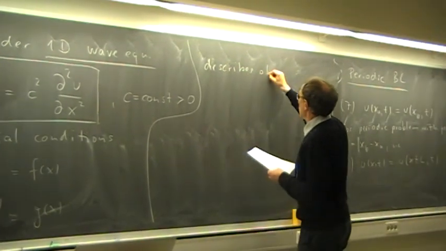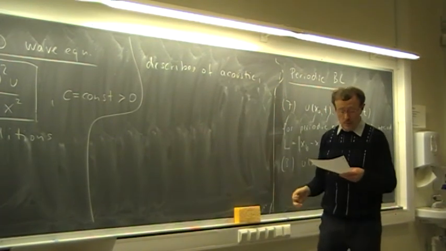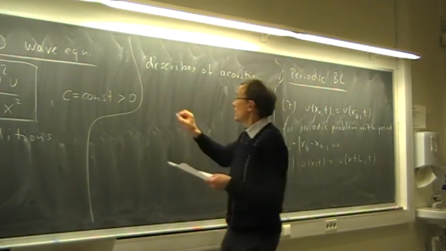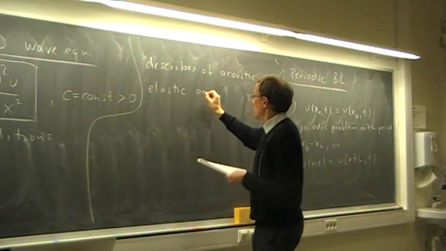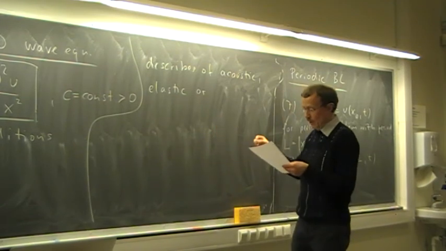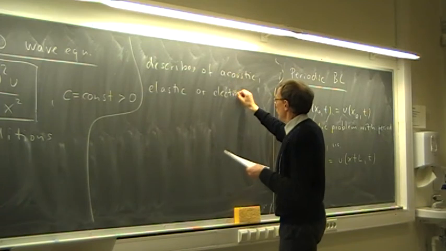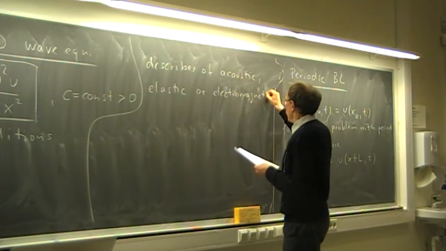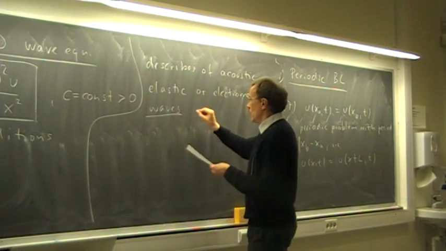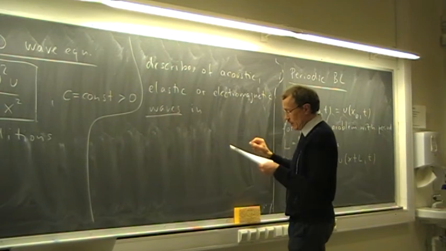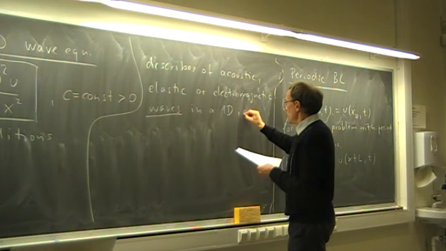That can be acoustic, that is what, for example, I have been looking at, elastic, that is important for seismic problems, and electromagnetic waves. And if we are looking at the 1D, we again assume that the propagation is in a 1D isotropic medium.